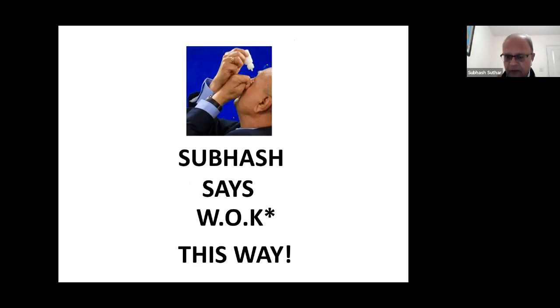There's another slide which will be following, which you'll be able to see. Here you can see my dominant hand is my right hand, so I'm holding the bottle upside down in my right hand. It is resting on my wrist, and I've pulled my lower lid down with the knuckle of my hand. So everything is clean, everything is away from my eye, and you can put the drop in correctly.